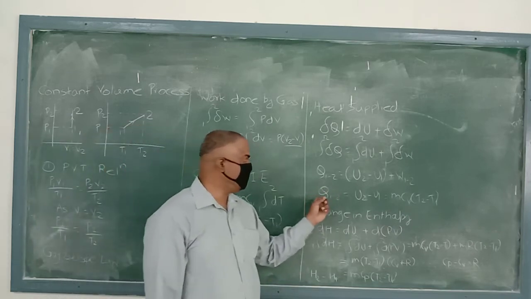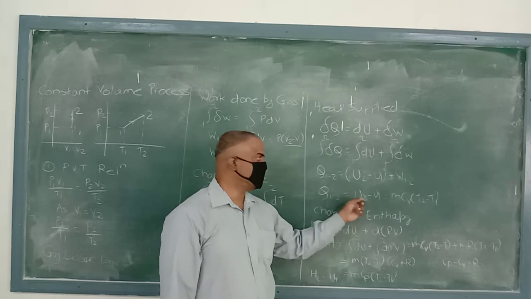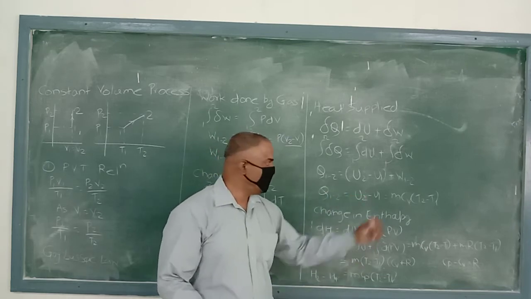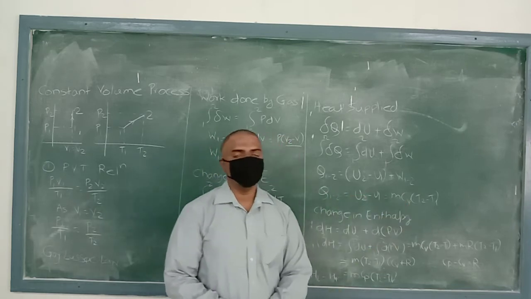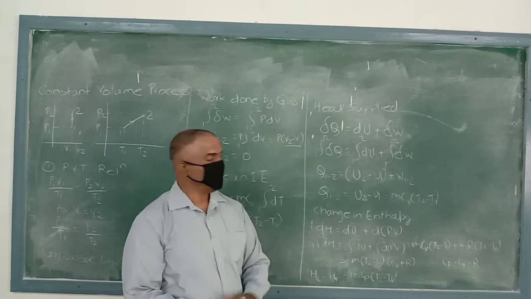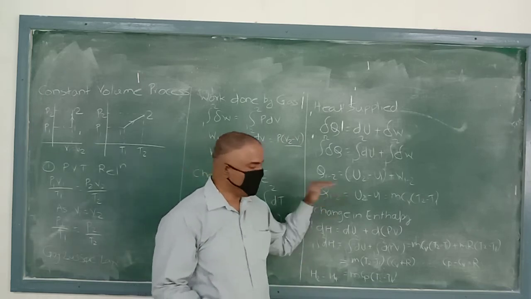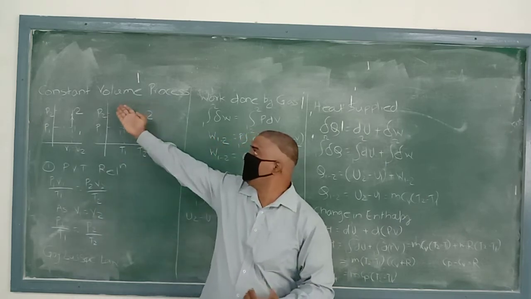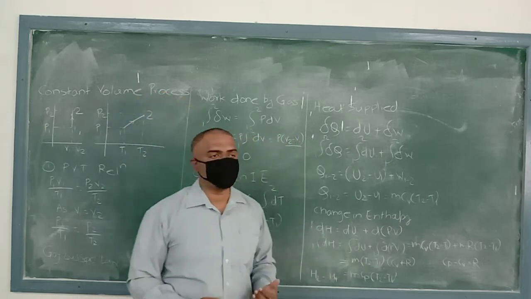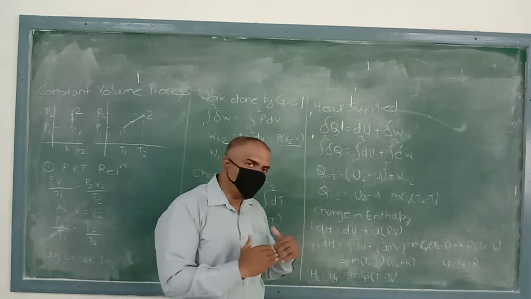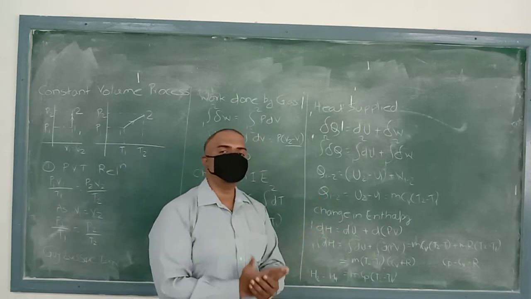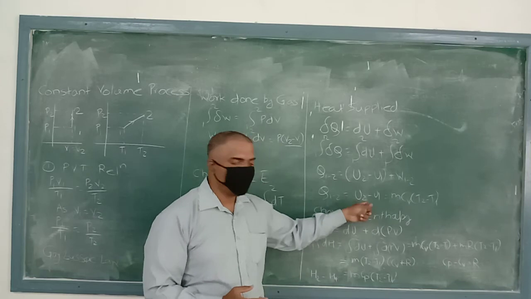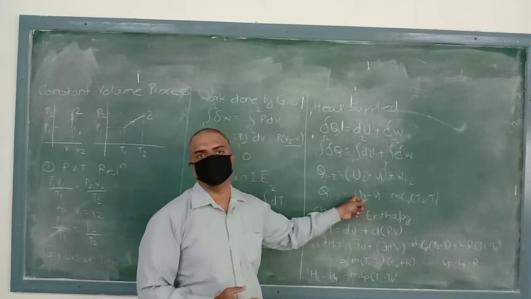So the equation becomes Q1-2 is equal to U2 minus U1, which is equal to mCv (T2 minus T1). So after observing this equation, we found that during the constant volume process, the amount of heat supplied is utilized to change only internal energy.